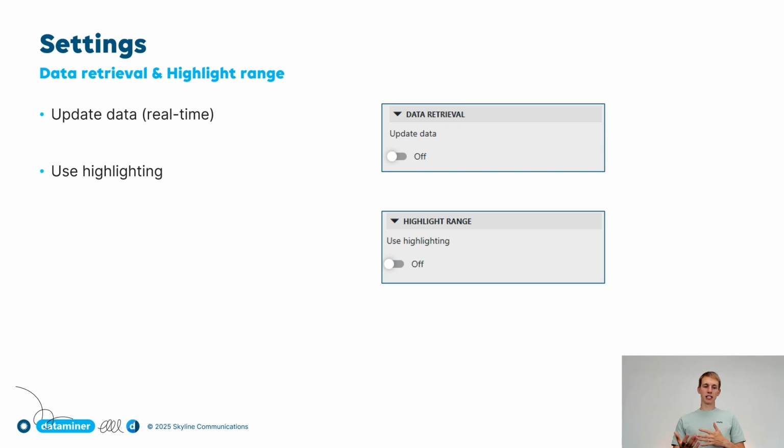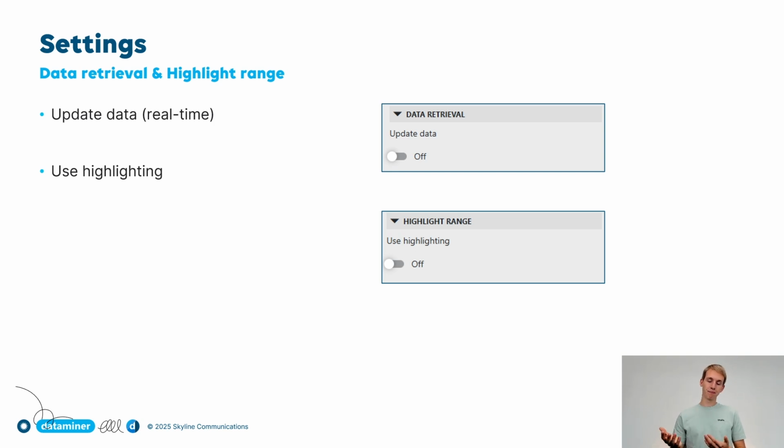Then we also have some settings based on data retrieval and highlighting. So you can enable or disable highlighting. Highlighting will basically happen when you right-click on the timeline component and then you drag over a specific range, for example. It will highlight that time range. If this is not enabled, nothing will happen when you right-click and drag, so it won't be highlighting the selected range.